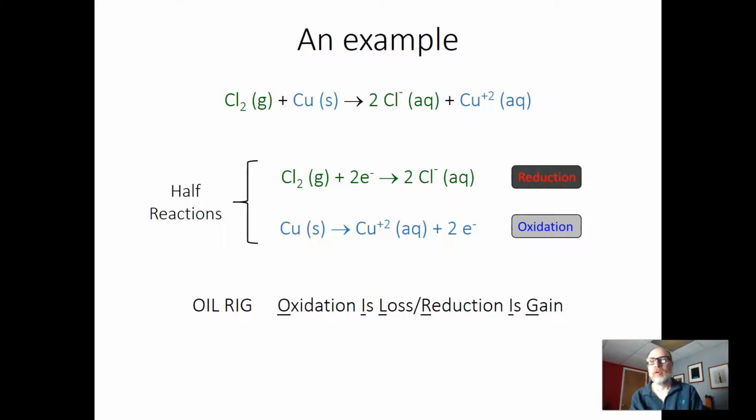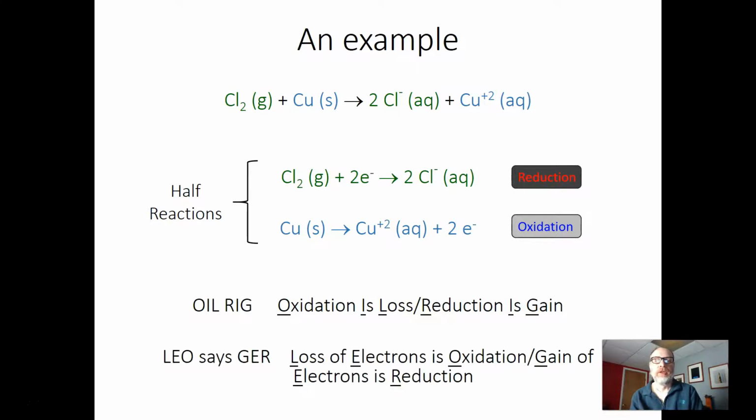Now, one way that you can remember oxidation versus reduction is that oxidation is the loss of electrons, while reduction is the gain of electrons. You also see this other mnemonic device, Leo the Lion goes grr, where loss of electrons is oxidation and gain of electrons is reduction.